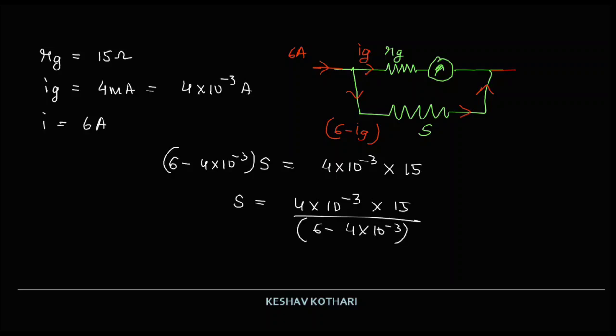So we can ignore this part, that is when we say 6 minus 0.004, we may ignore this part, and the value that we obtain over here is equal to 10 milliohm. So a 10 milliohm shunt resistance, which is a small resistance, must be connected in parallel or in shunt with the galvanometer to convert it into the ammeter of the required range.